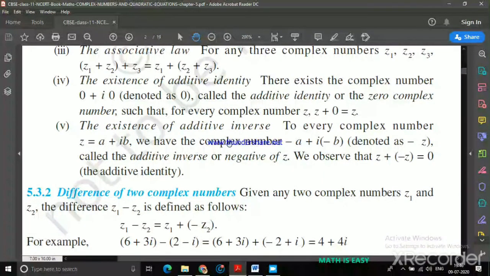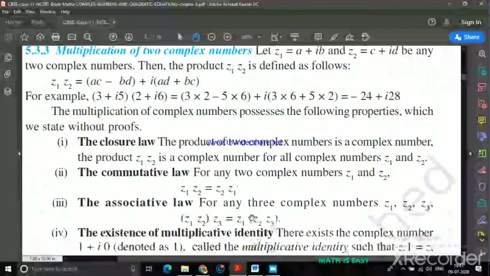So for A plus IB, what number do I have to add so that my answer is 0 plus 0I? You have to add the negative of that number. If A plus IB is there, then I add minus A minus IB. Both will cancel, so I'll get 0 plus I0.